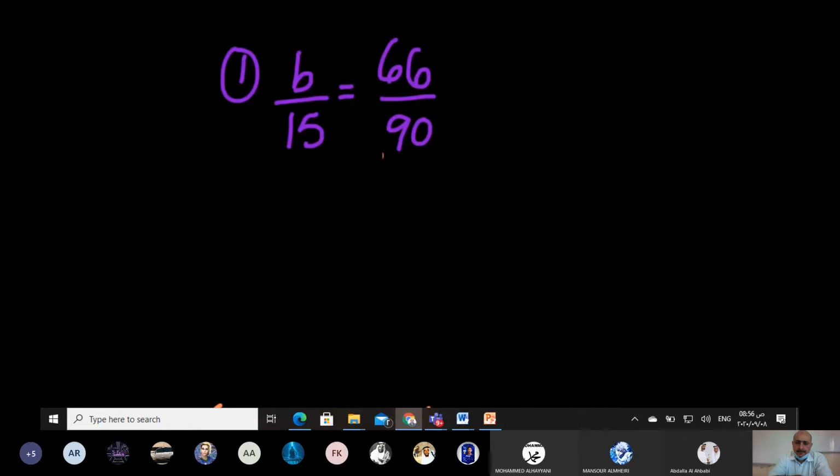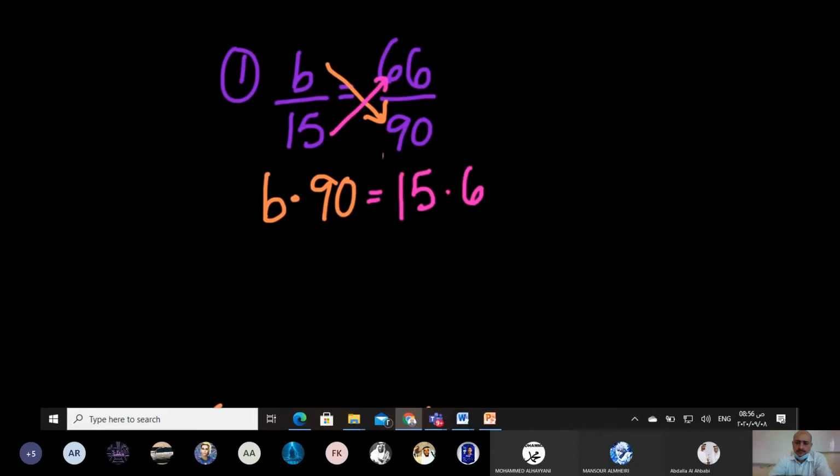Instead of that, we're going to say b times 90 is equal to 15 times 66. And then from there, all we're doing is solving for this b. We're just trying to get b all by itself. 15 times 66, we can do that math.